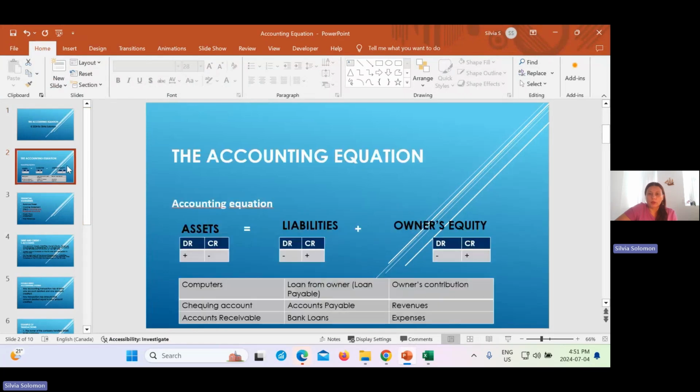So actually, the accounting equation is the base of accounting. I would say you cannot practice accounting if you don't know how the accounting equation functions. So remember from the last video, the formula is assets equals liabilities plus owner's equity.